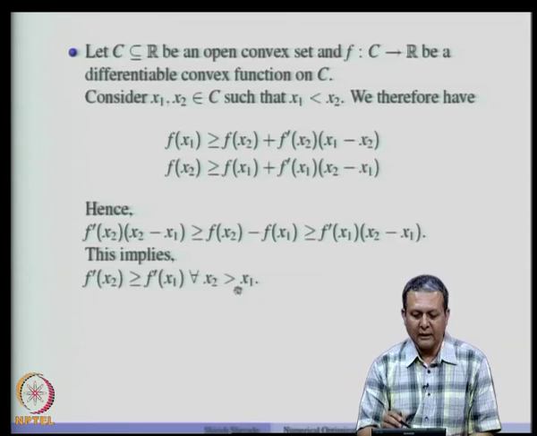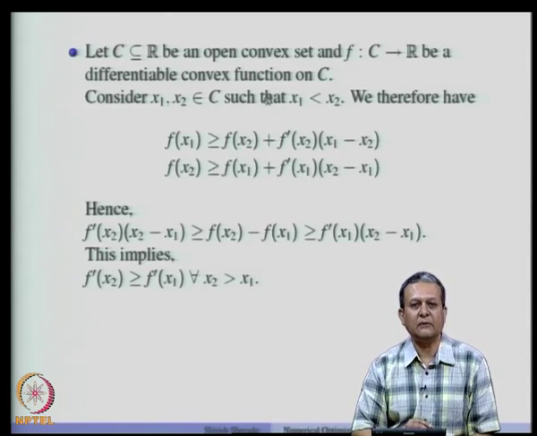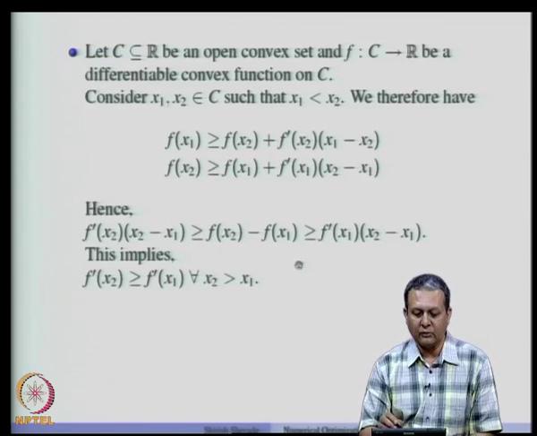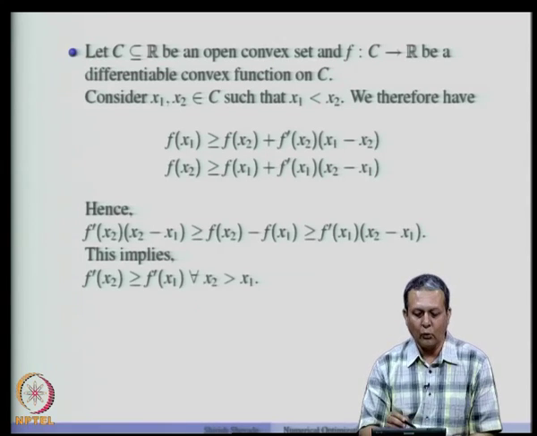This means that if we have a differentiable convex function on an open set C, which is a subset of R, and we choose any 2 points x1 and x2 such that x1 is less than x2, then the slope of the function at x1 is always less than or equal to the slope of the function at x2.